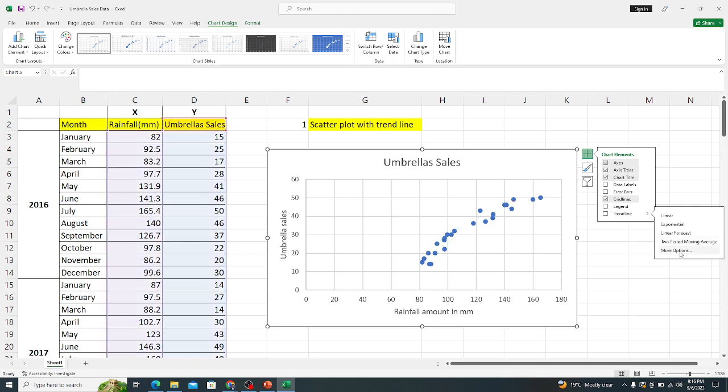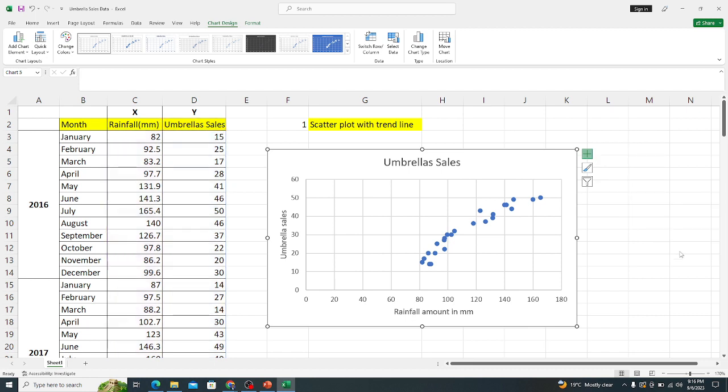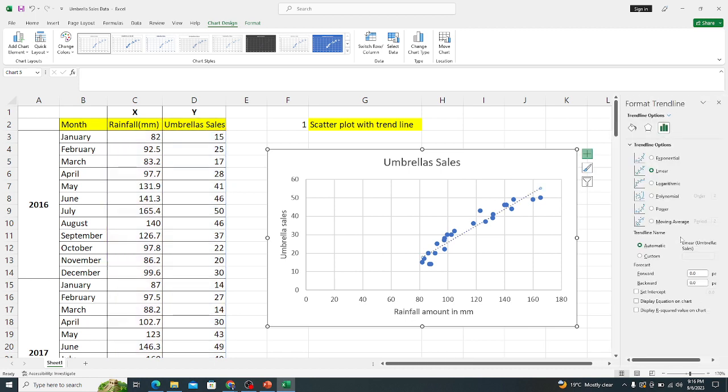Then for us we can even go to more options. You can click more options and see what we have. In our case, of course, it's a linear relationship, so we just choose the linear relationship.